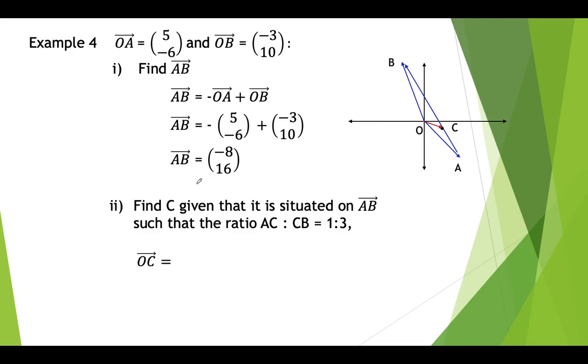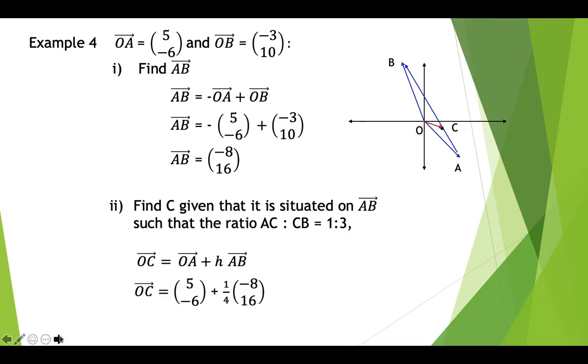So OC, this one here, again, think about what you're going to have. OC is obviously going to be OA plus some multiple of AB. We know that it's situated as a ratio of 1:3, so it means from A to C is 1 part, and C to B is 3 parts.